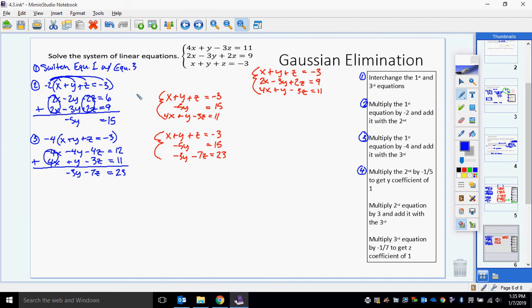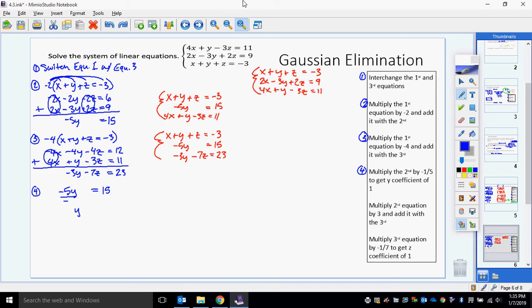Let me put it this way. If I gave you this equation, negative 5y equals 15, how would you figure out what 1y equals? You would probably tell me, well, Miss Eck, if you just want a y, go ahead and divide by negative 5. So those cancel and you get a y.